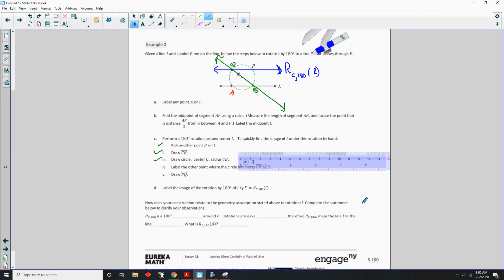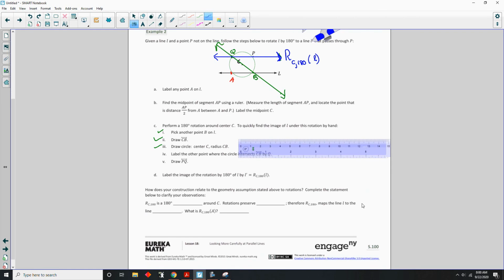Now we answer some questions. How does your construction relate to the geometry assumptions stated above to rotations? Complete the statement below to clarify your observations. The rotation centered at C, rotation about C 180 degrees, is a 180 degree rotation around C. Rotations preserve lines.